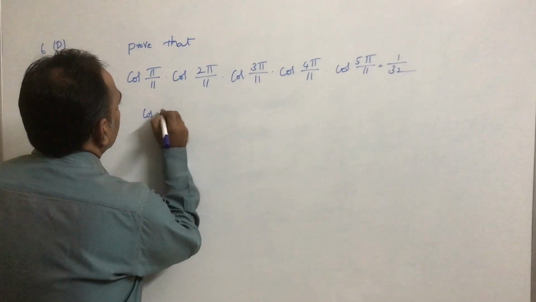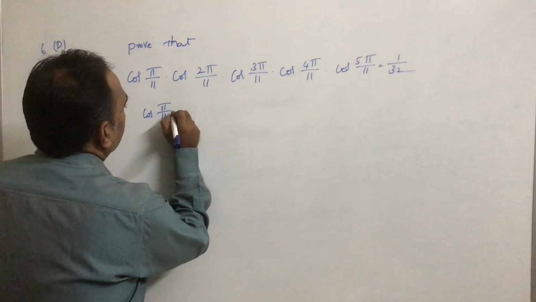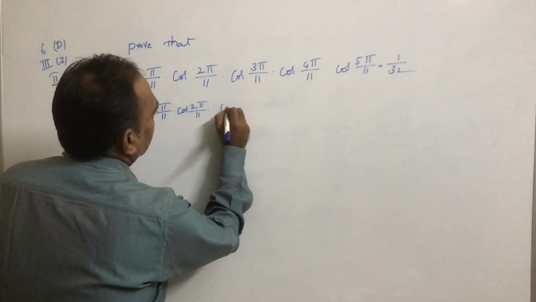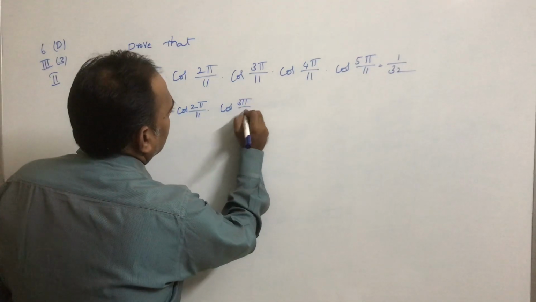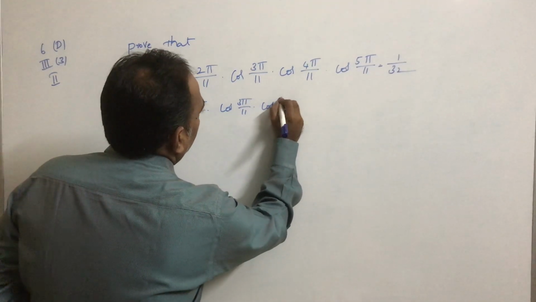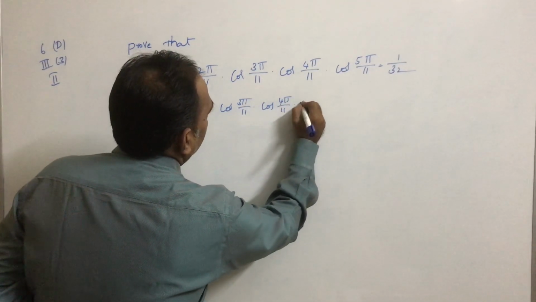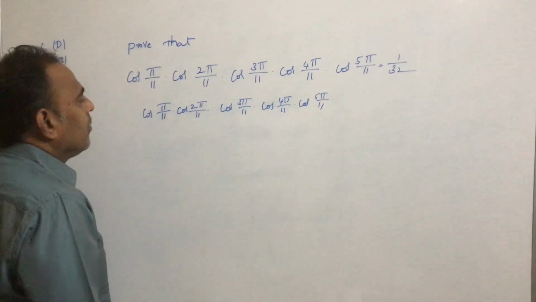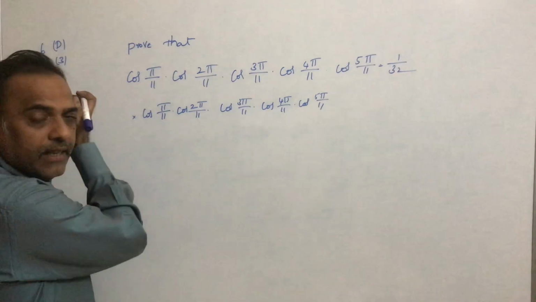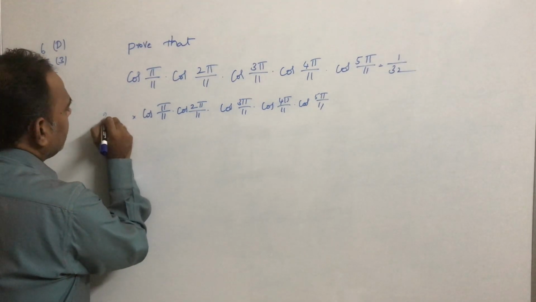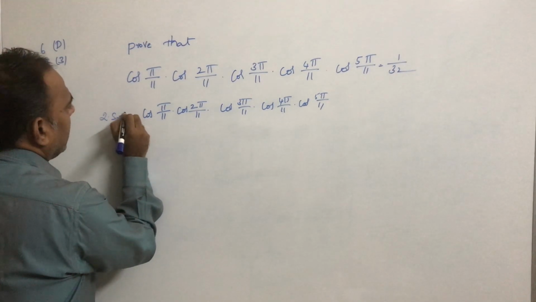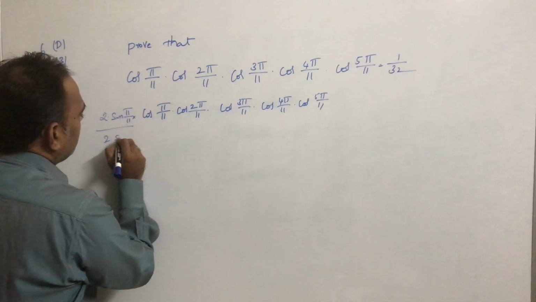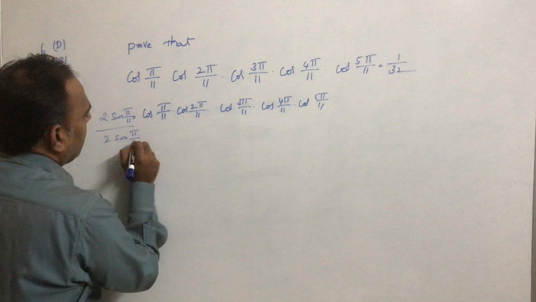Given is cos pi by 11 into cos 2 pi by 11 into cos 3 pi by 11 into cos 4 pi by 11 into cos 5 pi by 11. We need to multiply and divide the given with 2 sin pi by 11 divided by 2 sin pi by 11.